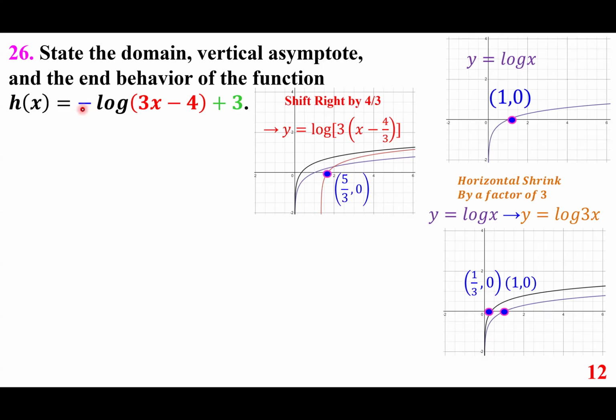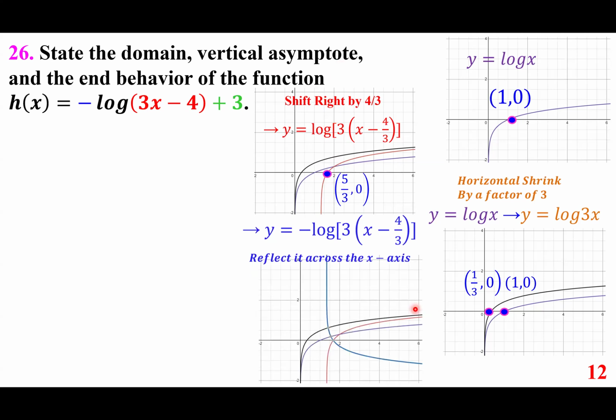The next one, we're going to apply the negative. So because we are applying the negative, we are going to look at the red one, flip it over with respect to the x-axis, it becomes like that. So reflected across the x-axis, the red one becomes this one. So what happens to (5/3, 0)? It is still the same location, but it's been flipped over.